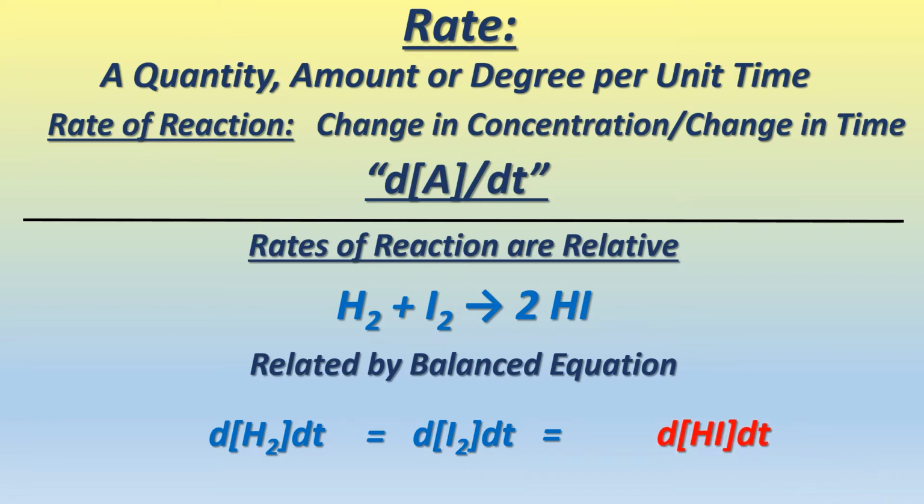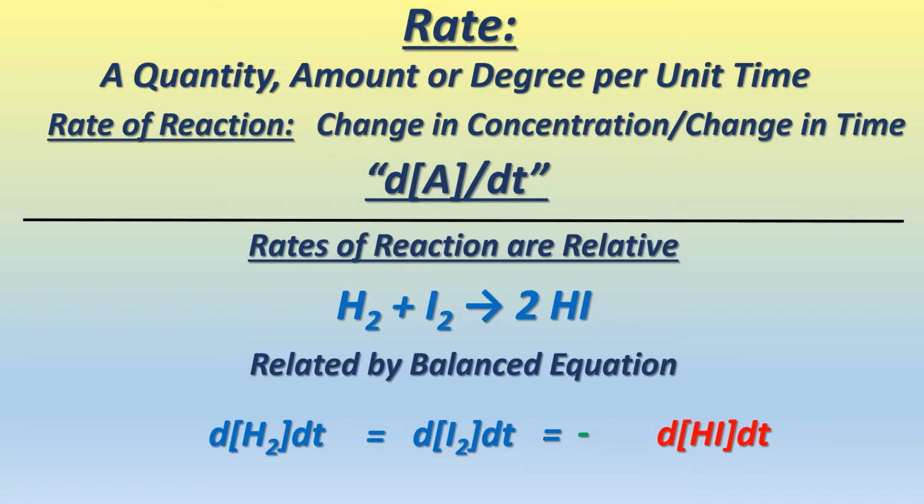This is not going to be equal to the rate that the concentration of hydrogen iodide is changing, however. First of all, HI is a product, H2 and I2 are the reactants. So as one side goes up, the other side goes down, the rates are going to be related, but opposite. So if I'm saying H2 and I2 are positive, the change in HI is going to be negative.